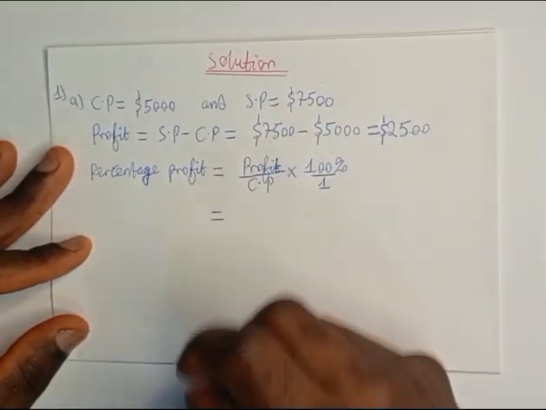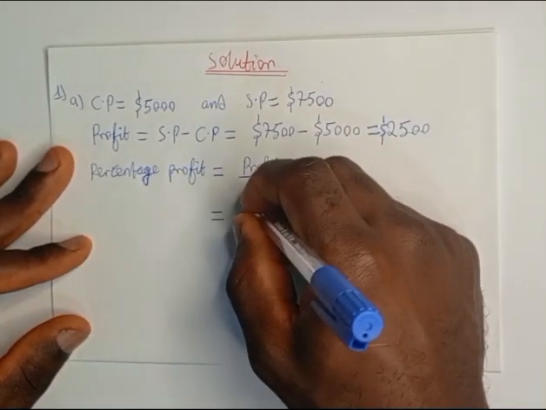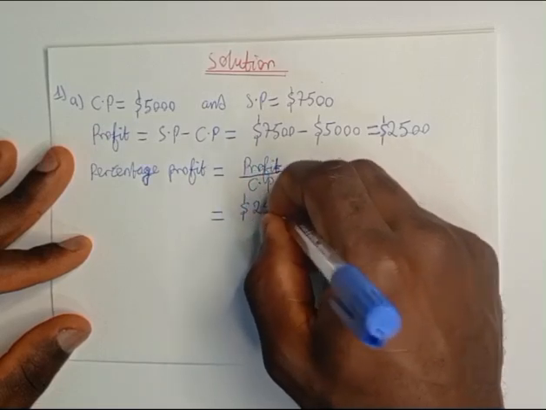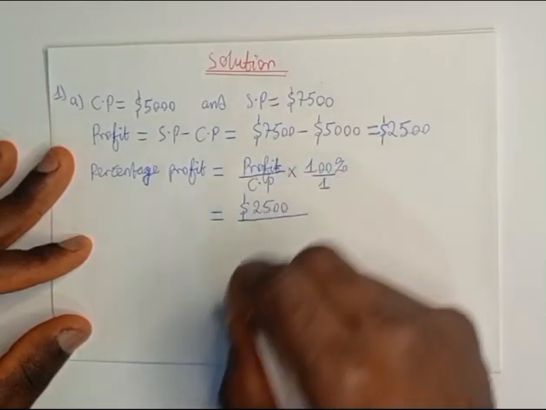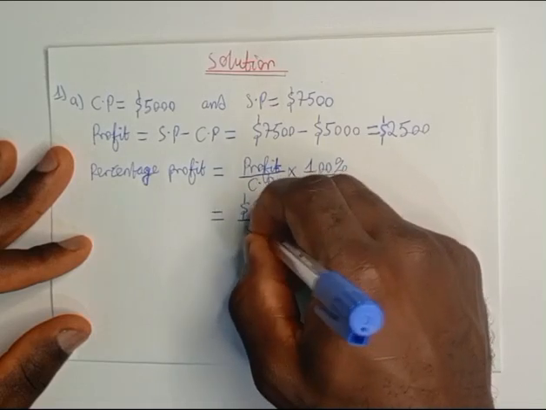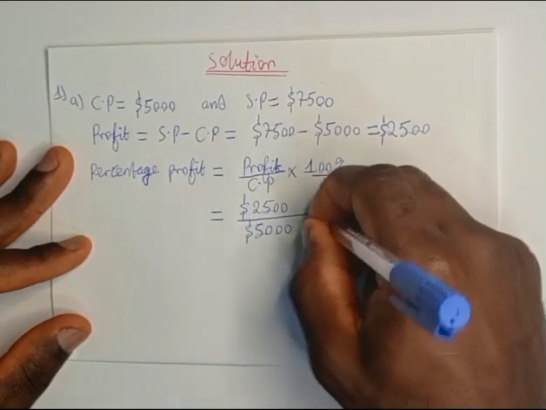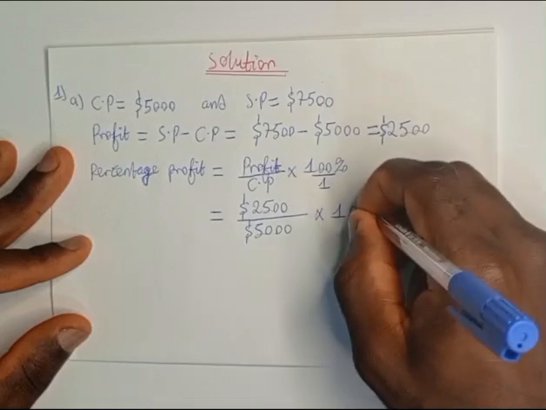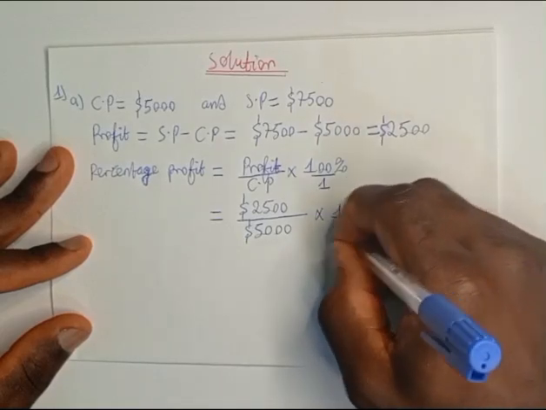This will simply be equal to the profit, which is $2,500 all over the cost price, which is $5,000 times 100% over 1.